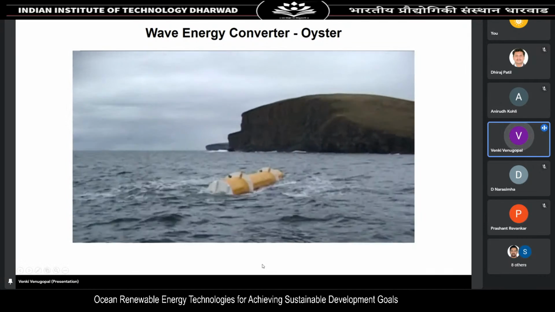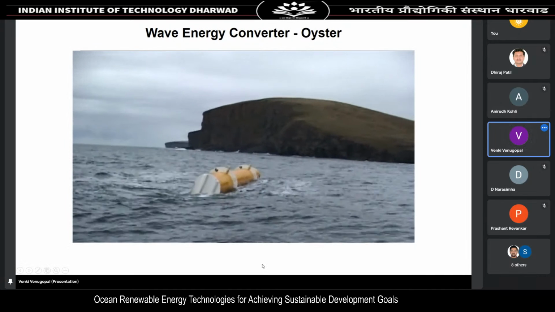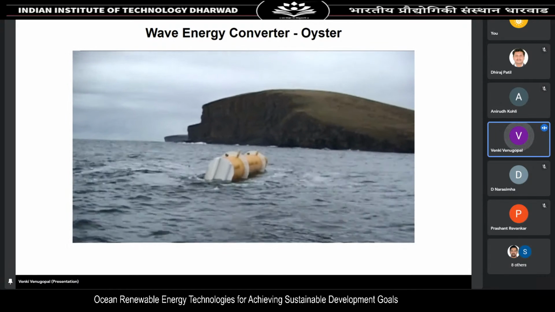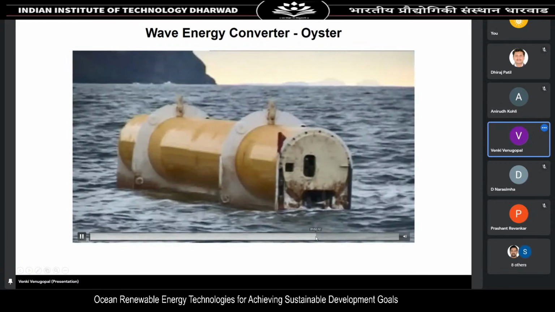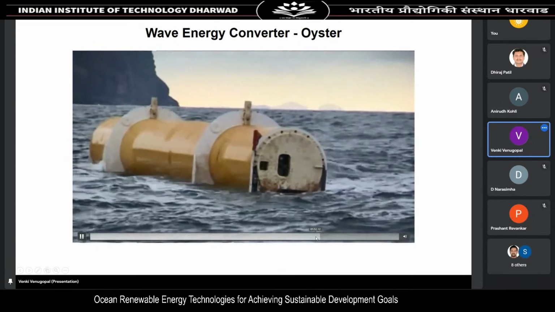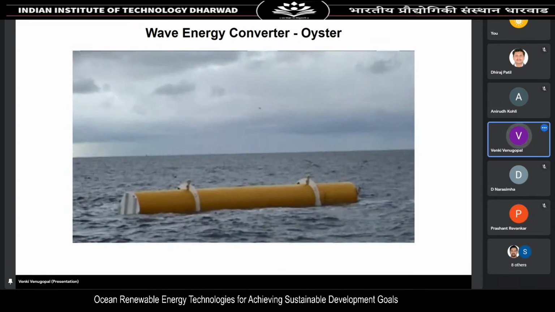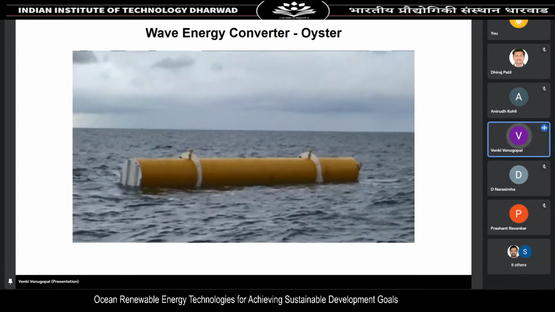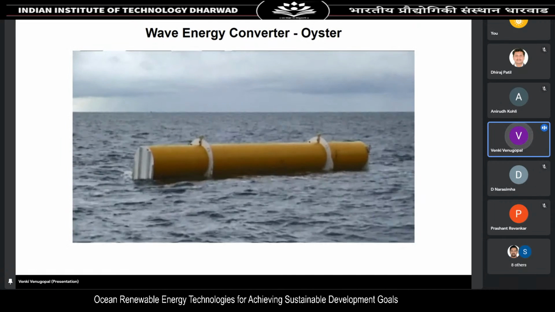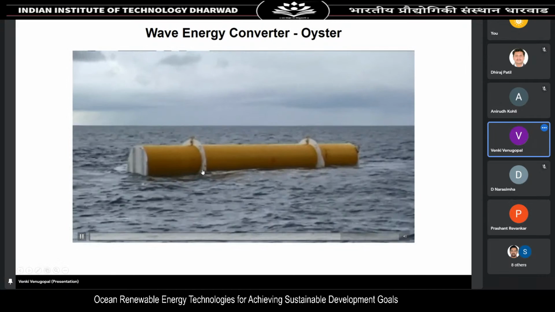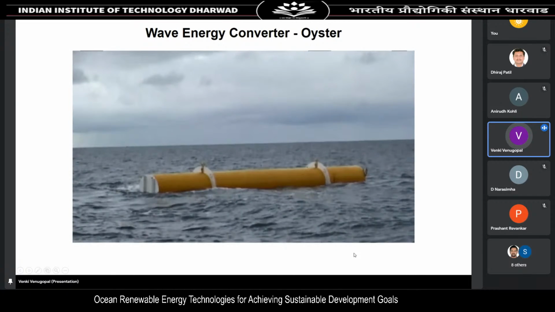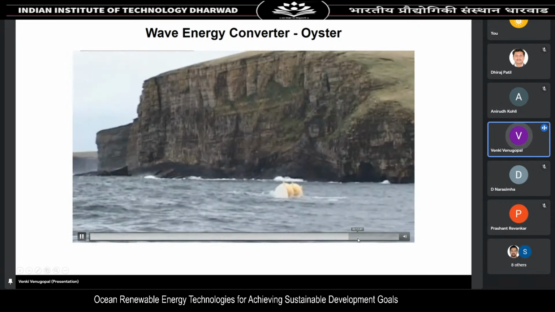So this device is sitting on the bottom and swaying left and right to the waves. I think Professor Prashant or Professor Dhraj, you mentioned biofouling. You could see the biofouling around the device. When you leave the device in water, that's what happens.